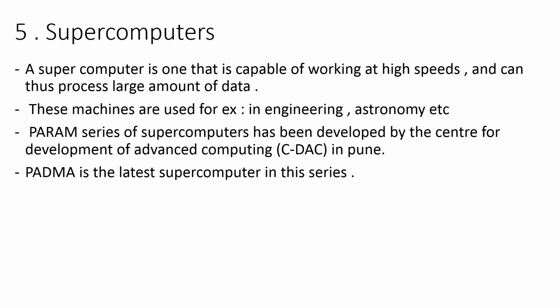Then the fourth type that we have studied is mainframes. Mainframes are large and powerful computers. They are mostly used in large organizations like banks, insurance companies, government offices for data processing work. For example, in banks, every day the banks get access to a huge amount of data from a lot of users, right?